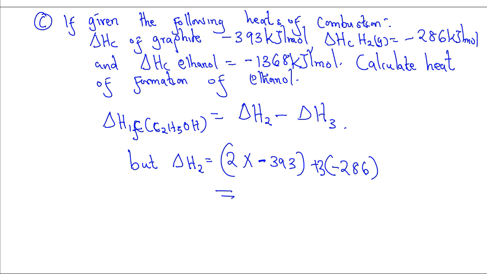So this totals to, the first one is 2 times negative 393, that is minus 786, then minus 3 times negative 286, that is 858.